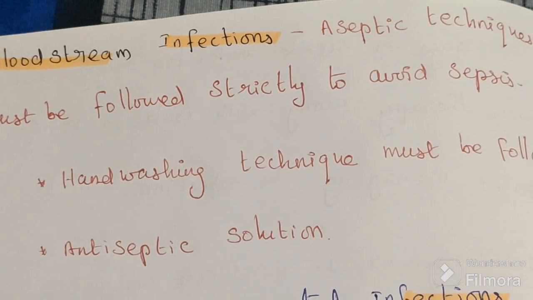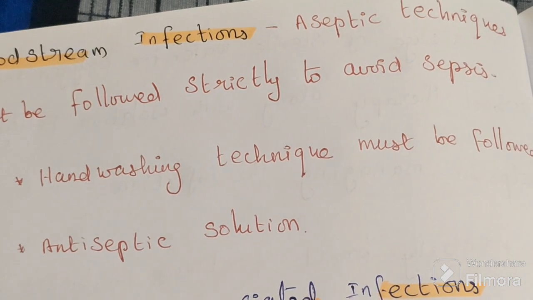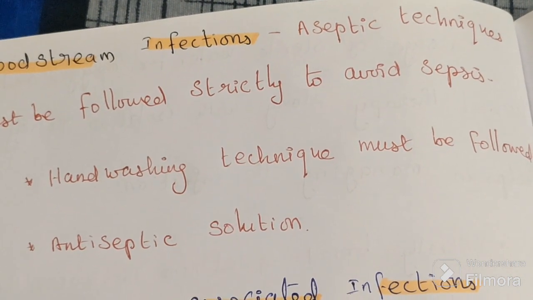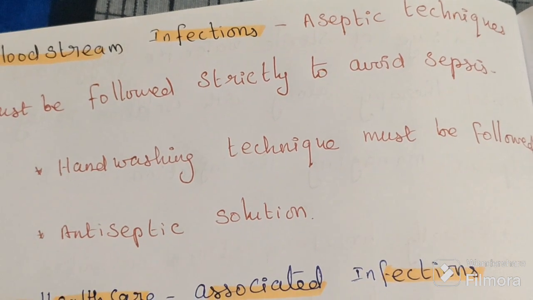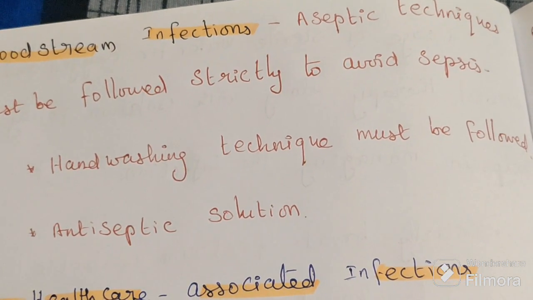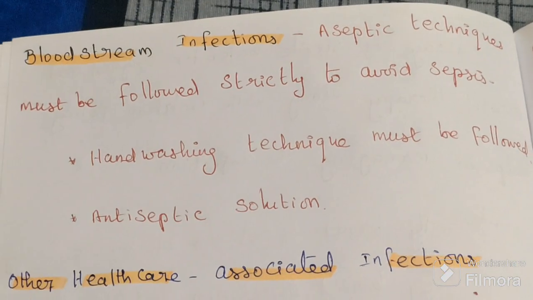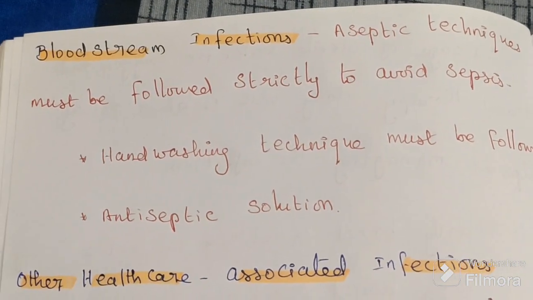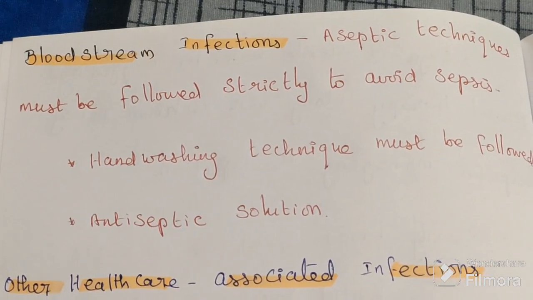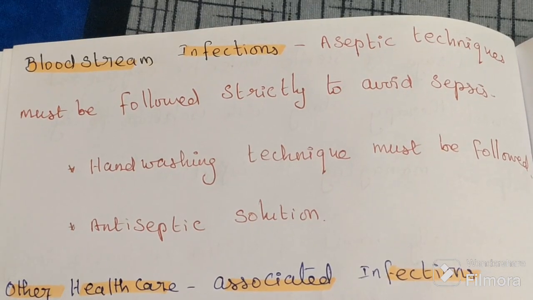Next, bloodstream infection. Healthcare providers must be properly trained. Aseptic technique must be followed strictly to avoid sepsis. If infection is suspected, then the duration of catheter use should be limited. Hand washing technique must be followed. Washing and disinfection of the insertion site with an antiseptic solution is recommended.